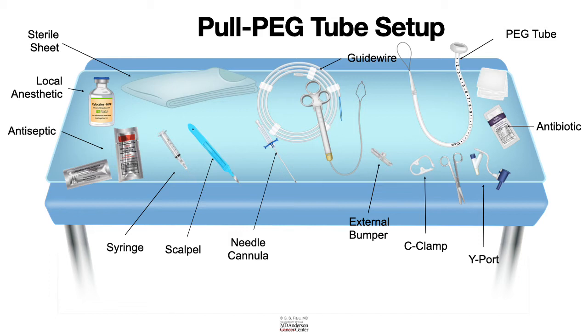So you have learned that there are a lot of items, each one with a specific purpose. So let us go and see how we place a PEG tube step by step.